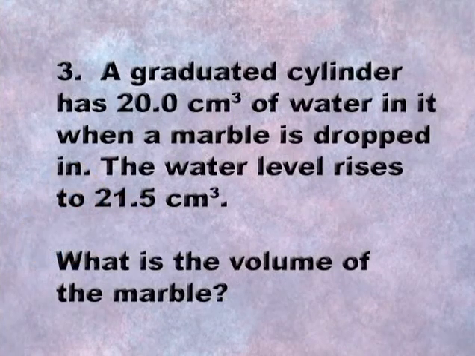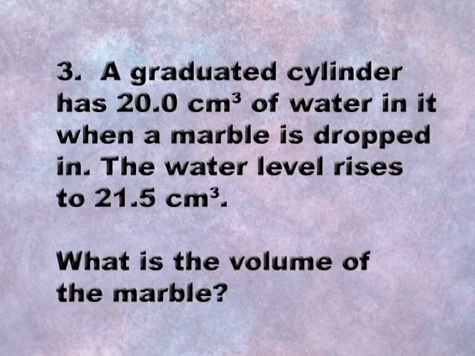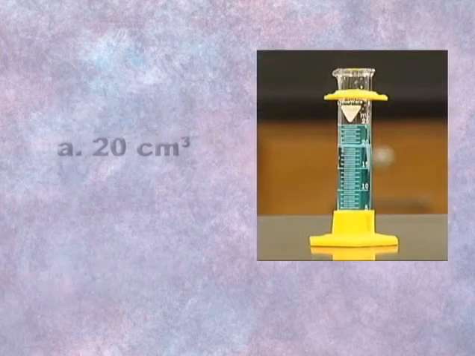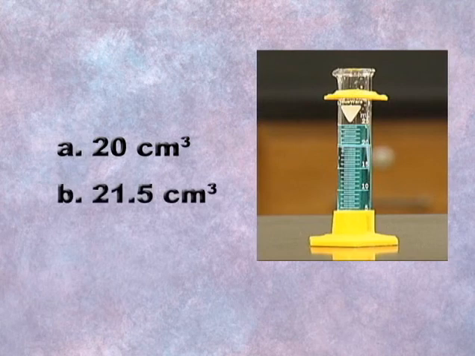Number 3 is, a graduated cylinder has 20.0 cubic centimeters of water in it when a marble is dropped in. The water level rises to 21.5 cubic centimeters. What's the volume of the marble? A. 20 cubic centimeters. B. 21.5 cubic centimeters.